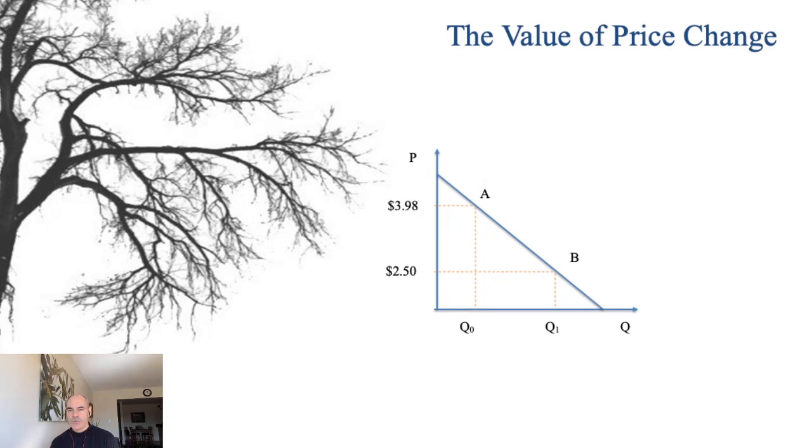And the second question is, how much are you willing to pay to prevent the price from rising from $2.50 to $3.98? Those are two different questions, and they demand economic analysis.